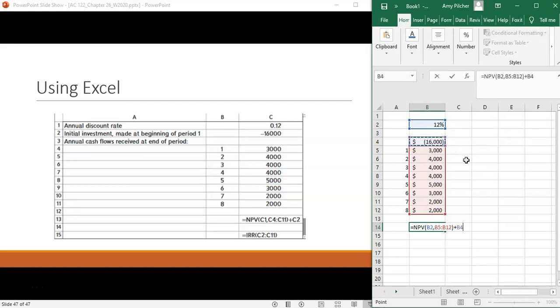This only works if your initial investment is a negative amount. So that tells us that we have a positive net present value for this project.